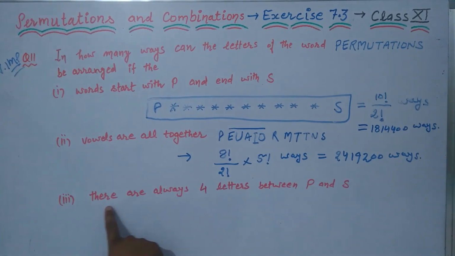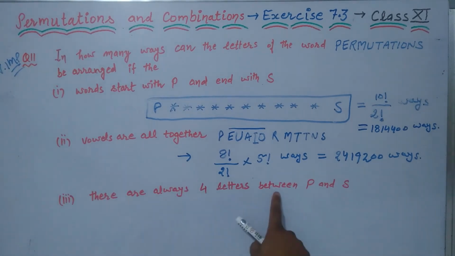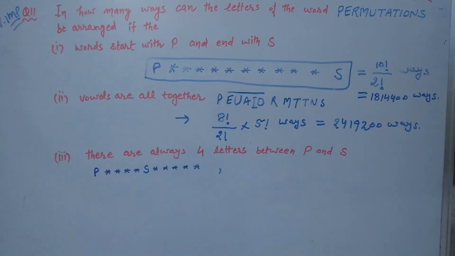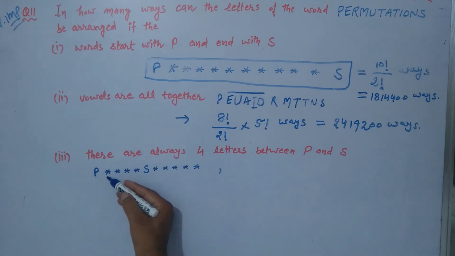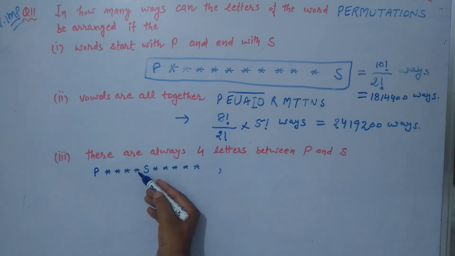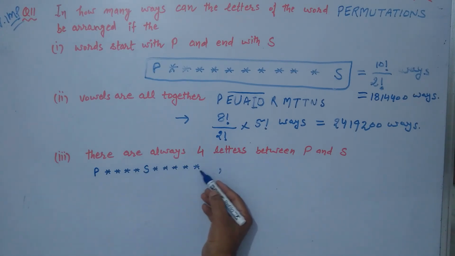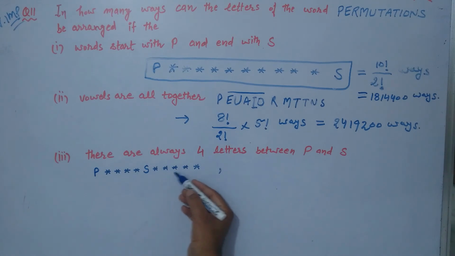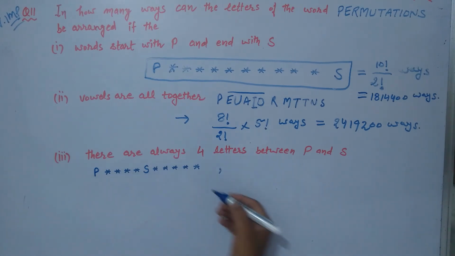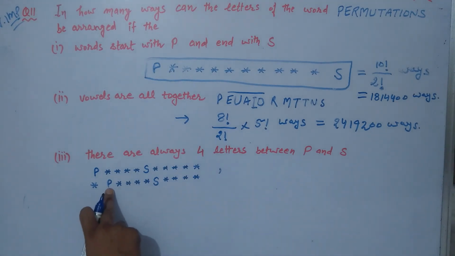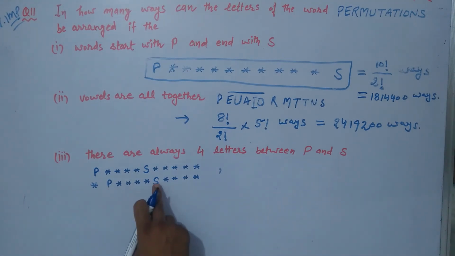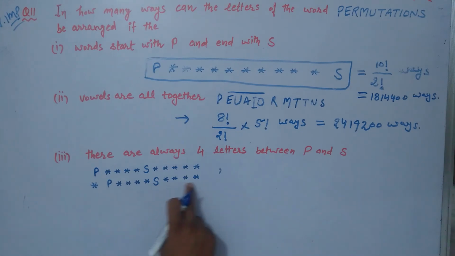The next part is that there are always 4 letters between P and S. So first of all, the very first letter, if this is P, then there are 4 letters in between P and S. Next comes S. The remaining letters will be written after S. This is the first way. Similarly, if P occupies second place, then S will come here.